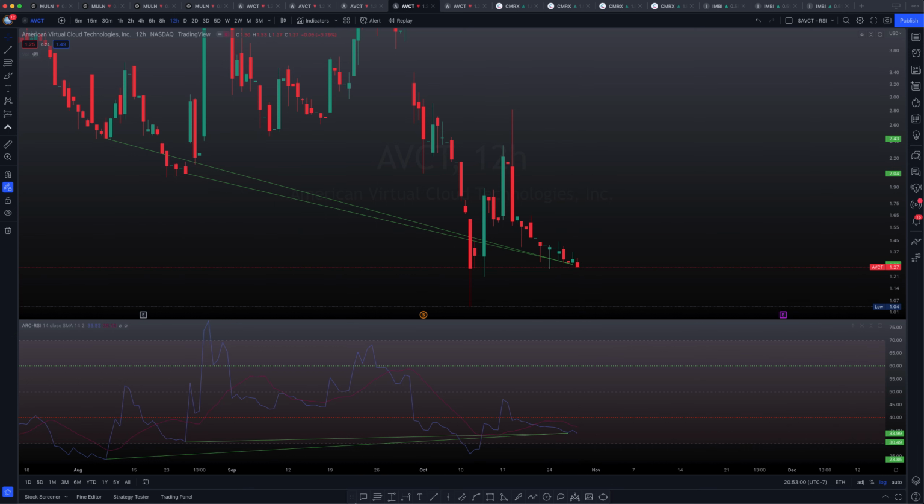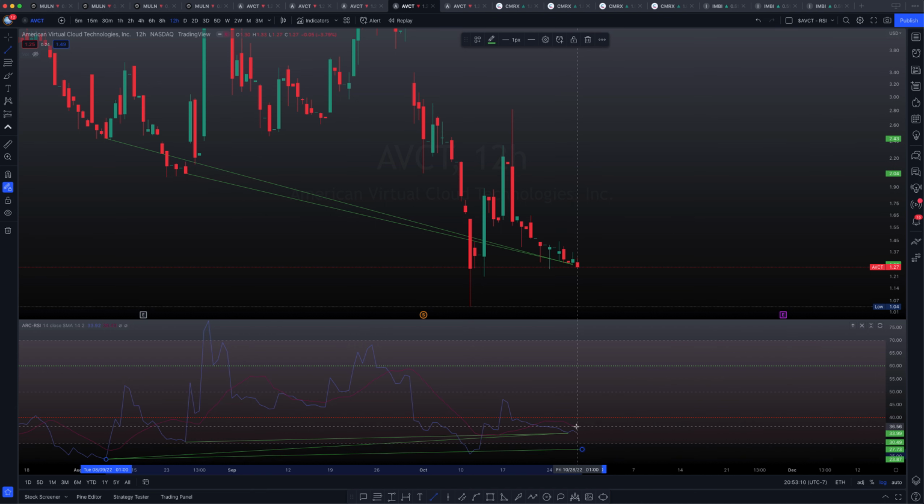So we could do a move similar to this right here, where it comes down to this area, since the price action is suggesting immediate short-term downside. We could come down here and still be on a bullish divergence here, on a phantom drive. So this is very good for AVCT stock.